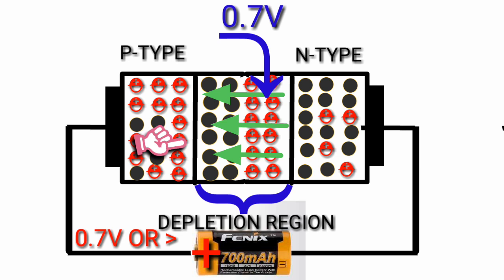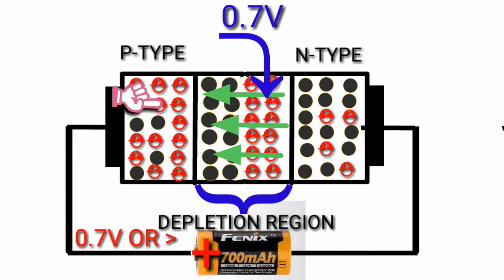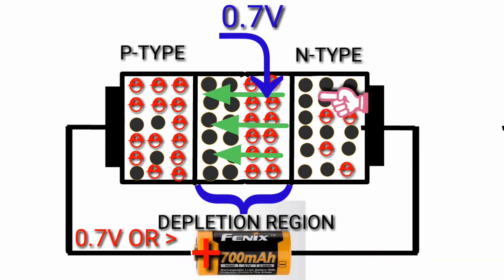So when the battery is 0.7 volt, the positive side of the battery repels the positive charge particles from the P-type and pushes them toward the depletion region. At the same time, the negative side of the battery repels and pushes the negative charge particles from the N-type toward the depletion region.